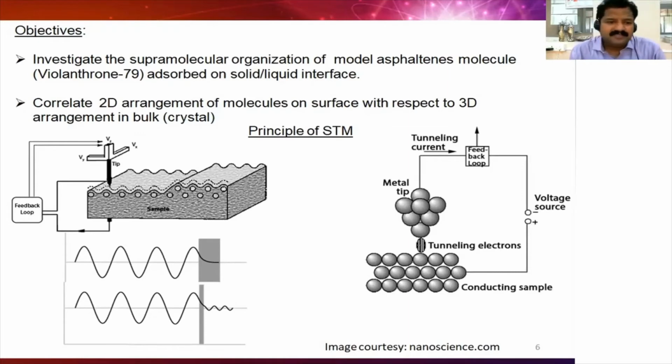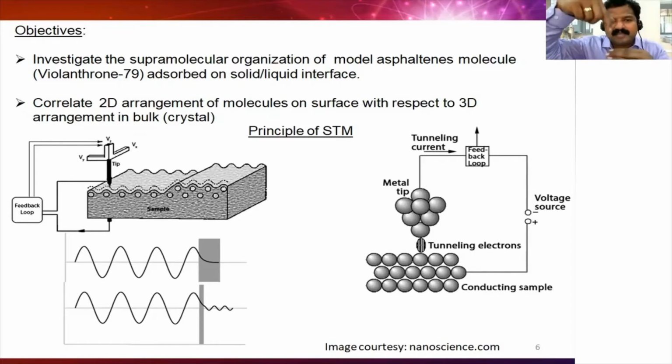The principle of STM is that we have this metal tip and the sample, and we apply a bias voltage between them. When the tip is sufficiently close to the substrate, what happens is called the tunneling phenomenon. Tunneling is the crossing of electrons from the tip to the sample at very short distances.